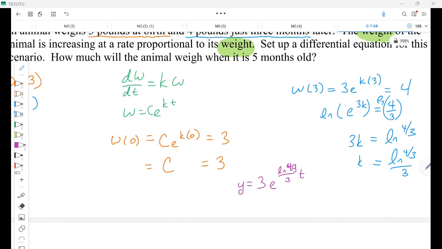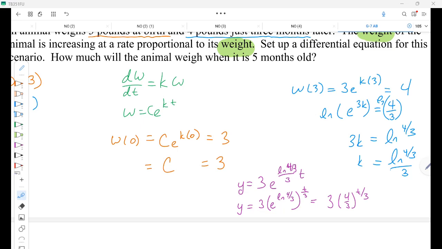What we can do here is, I'm just trying to figure out how much I want to show. This is the same as e to the ln 4 thirds, to the t over 3. So with that, we can now change our base back: 3 times 4 thirds to the t over 3.